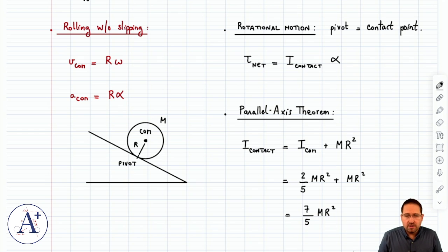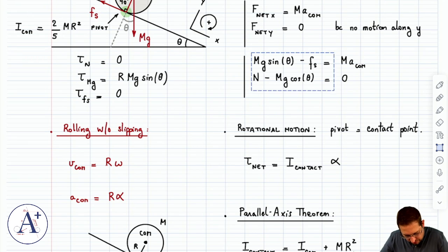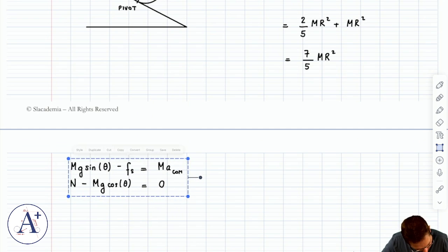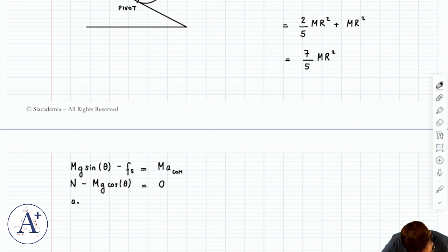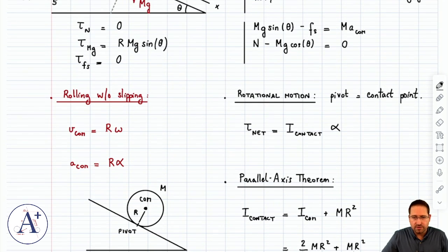Okay. So what equations do I have? I have these equations that I had earlier. They have not changed. I also have a center of mass is r alpha. That is just because of rolling without slipping. That has not changed. And then I have torque net is equal to I alpha.